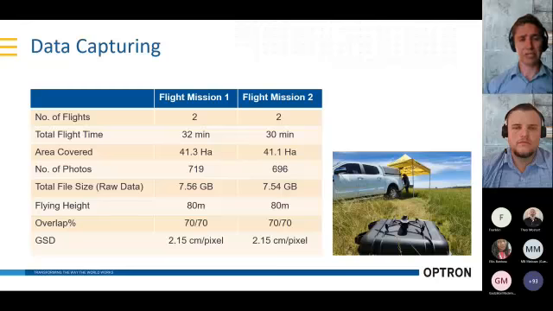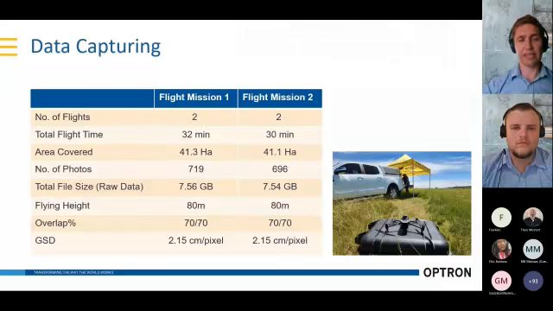But there you can see the total flight time was 32 minutes for flight mission 1 and for flight mission 2. The area that was covered was about 40 hectares for both. The number of photos, once again, you'll see that it was very much the same. Total file size, this is the raw data of all the images, came down to just under 8 gigs.